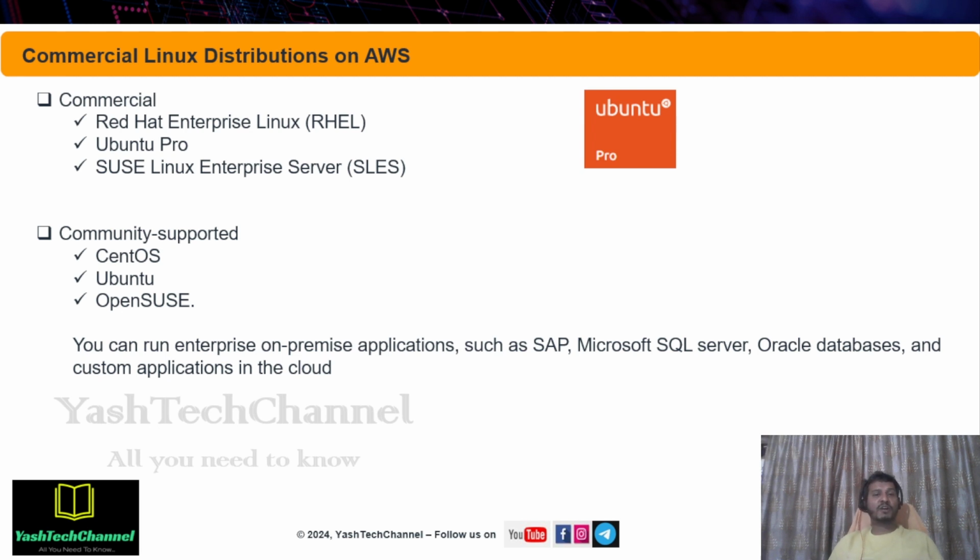When I say on-premises, applications like SAP, Microsoft SQL, or Oracle database, and custom applications. In the cloud, not only for SAP, maybe you can use it for Oracle SQL or WebLogic. There are different software out there. So based on the software, you need to decide which operating system is suitable for you.